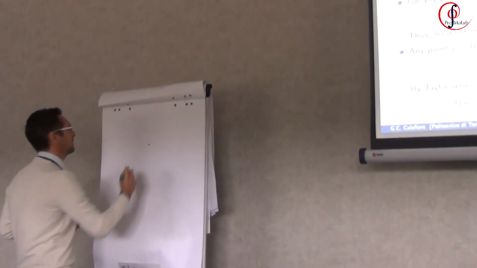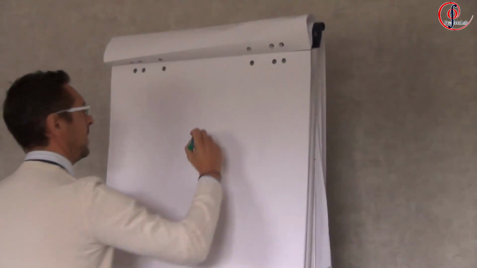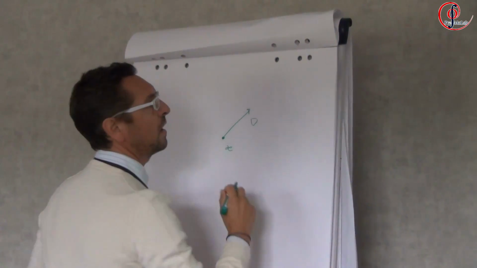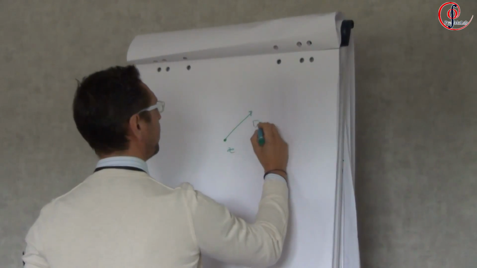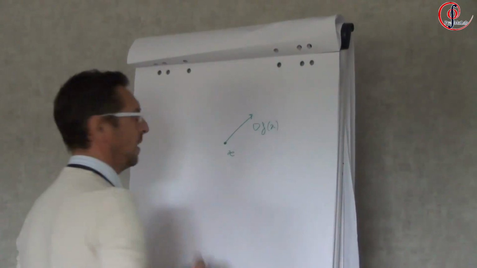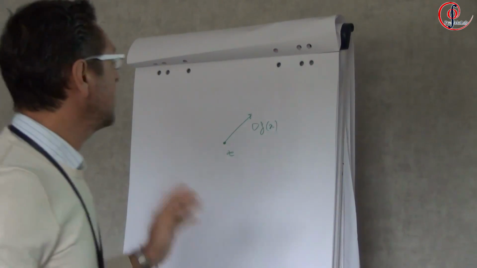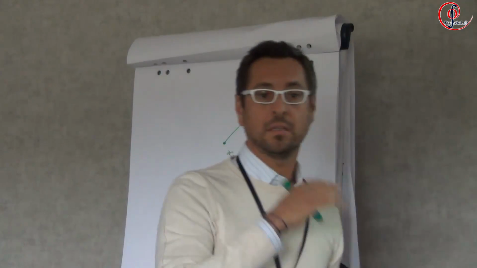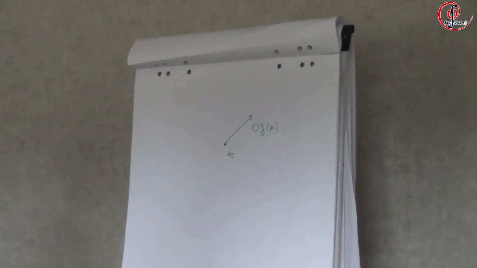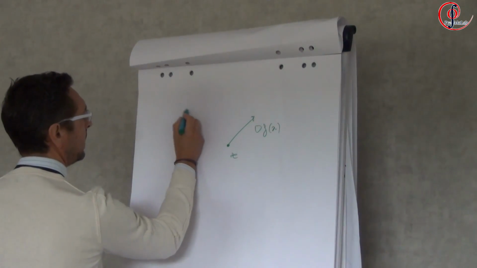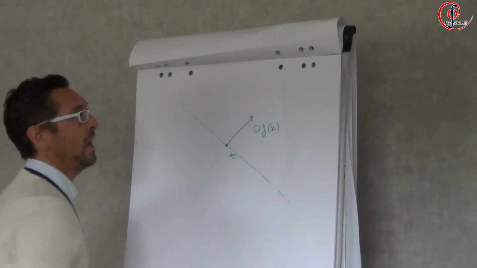We have a point x, and we compute the gradient of some function f at x. Only this one point and the gradient. And immediately we can divide the whole space into half spaces that I name H++ and H minus.